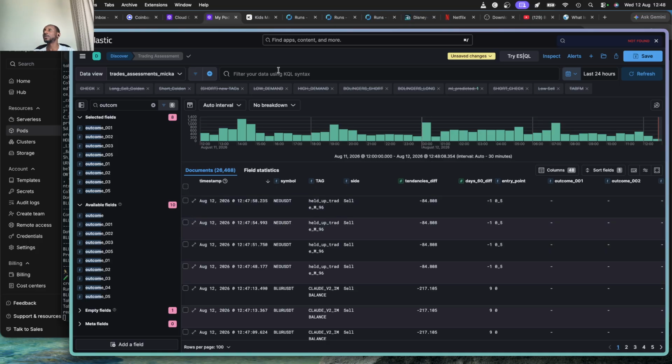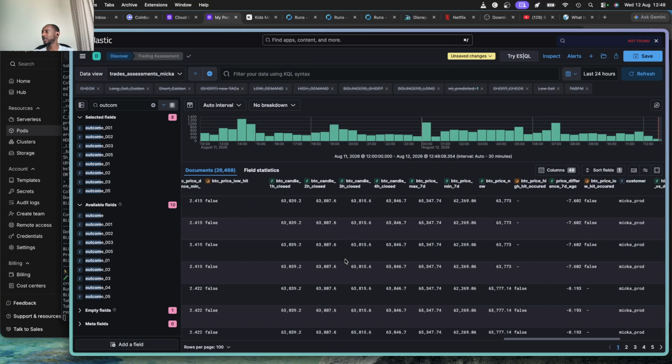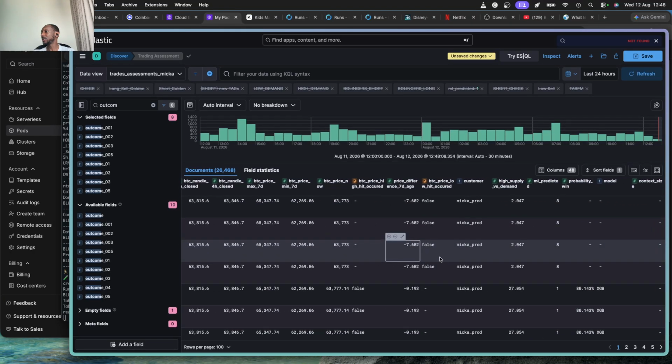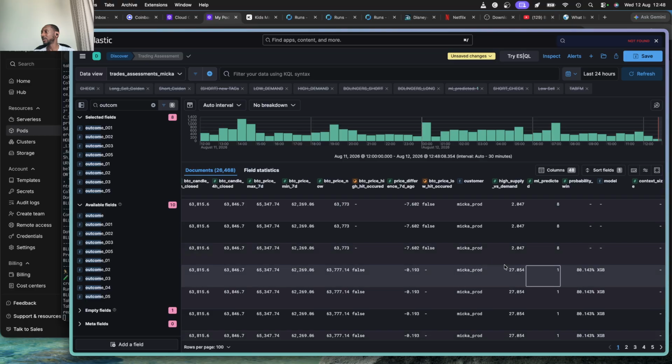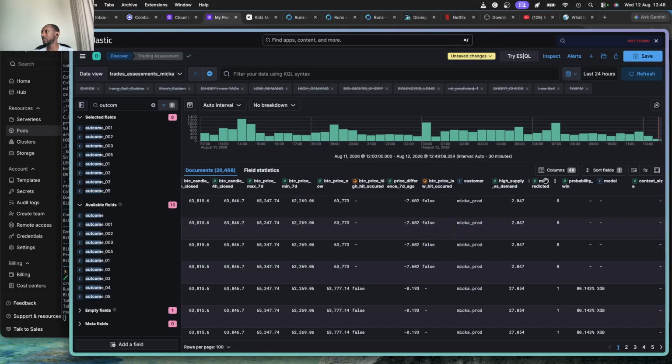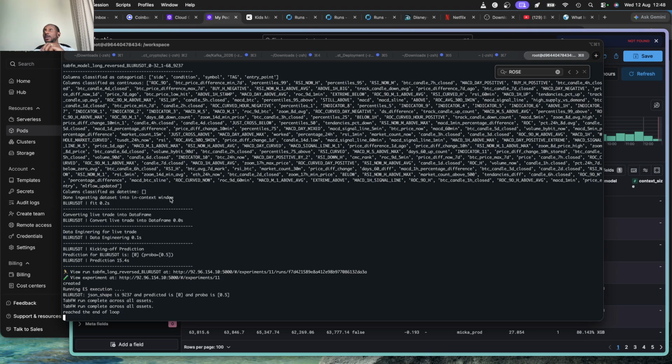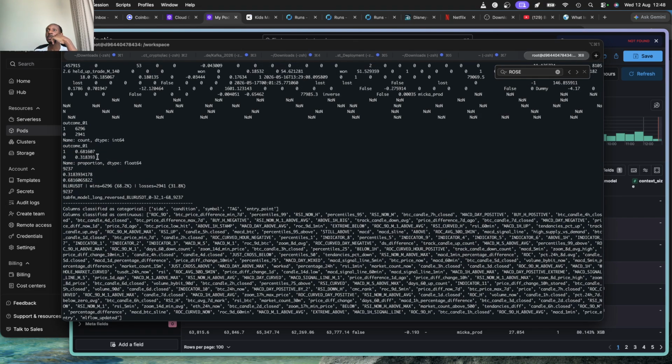In this particular case I'm doing the sales side, so it's going against this and looking for anything that was predicted as either one or zero in the prediction field. We get back to it, and it picked up one here, which is blur.